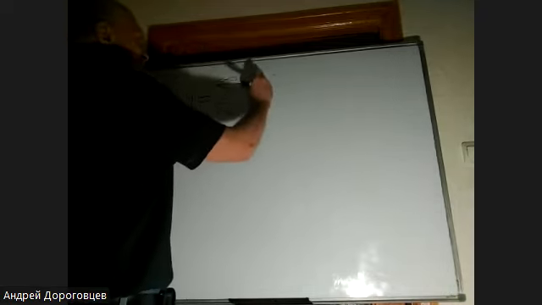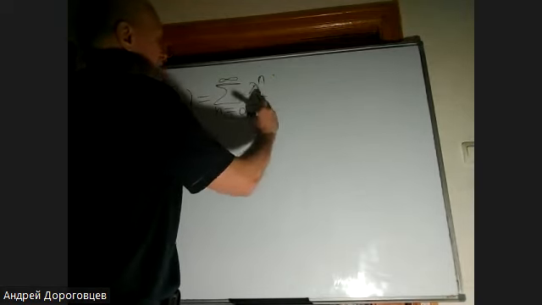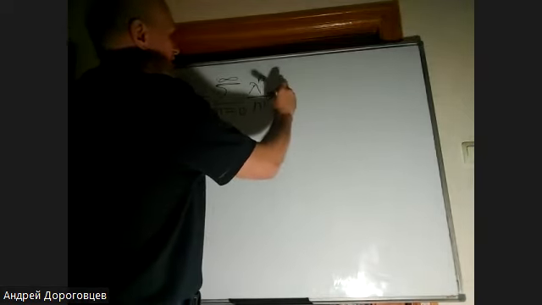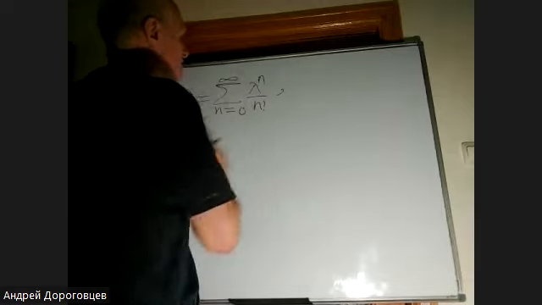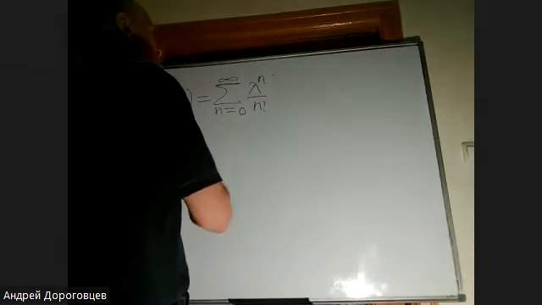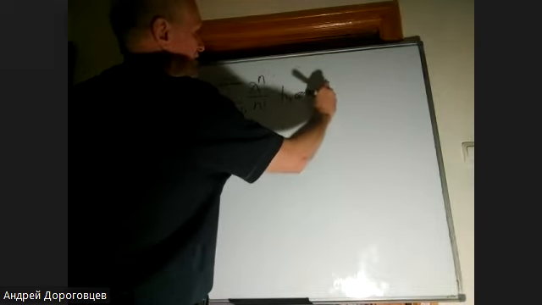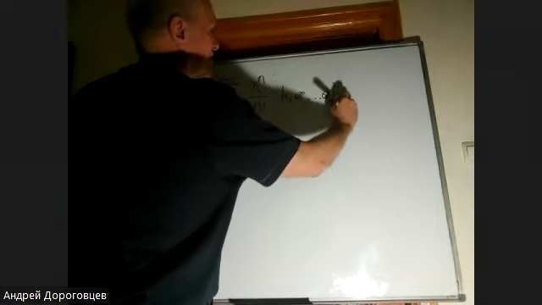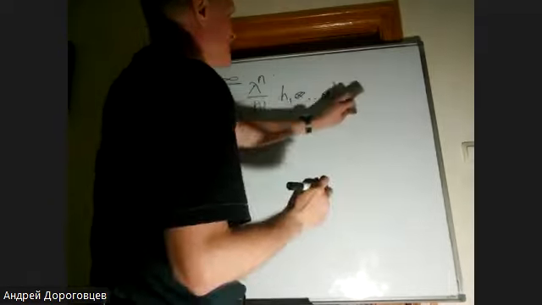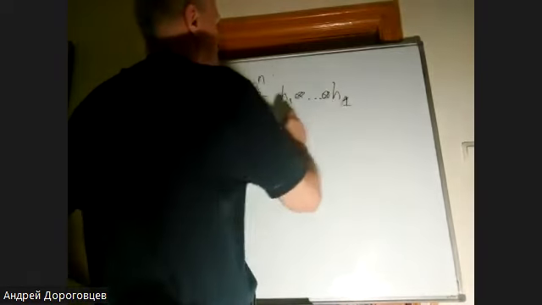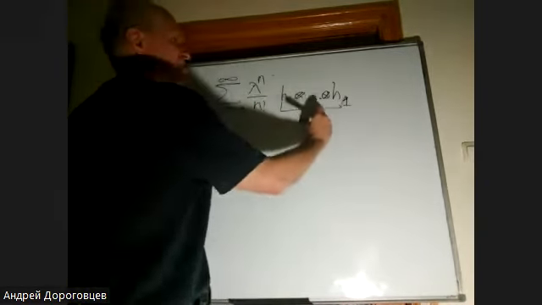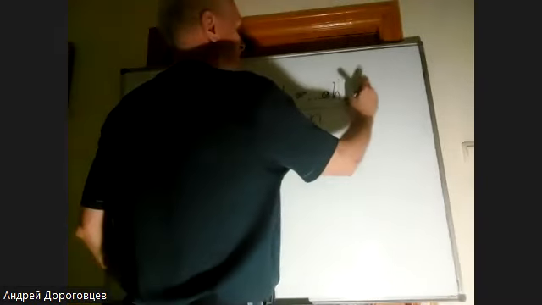The stochastic exponent of h is equal to the sum from n equals 0 to infinity of lambda to the n, over n factorial, times h1 tensor n integrated against xi.